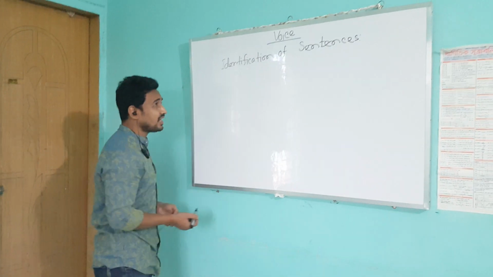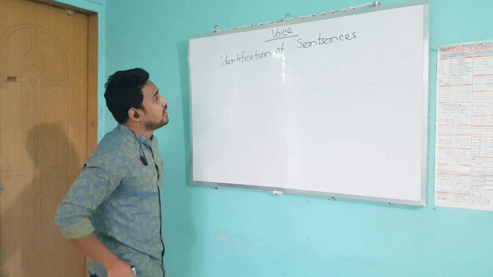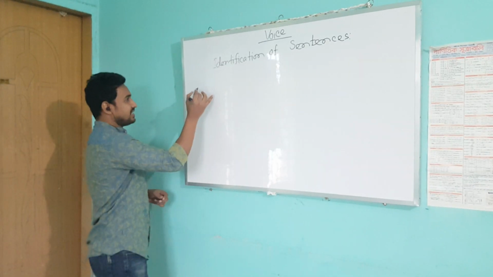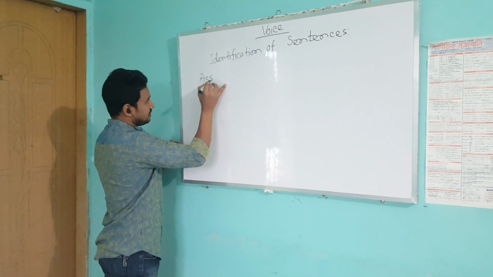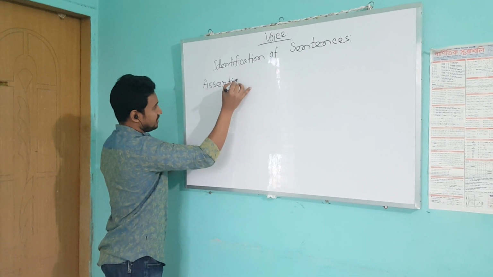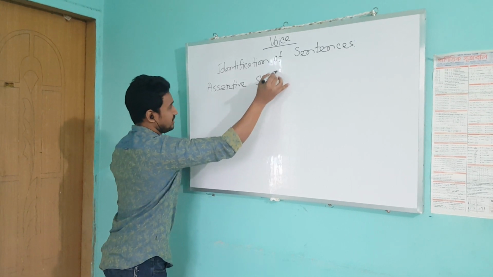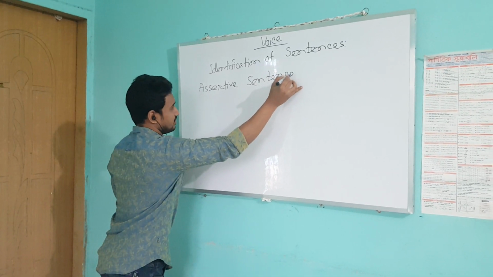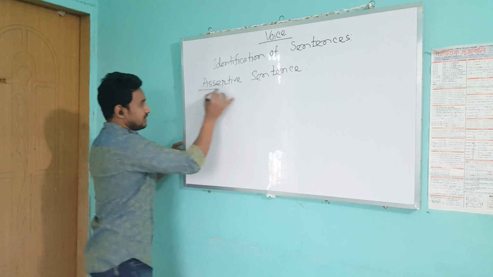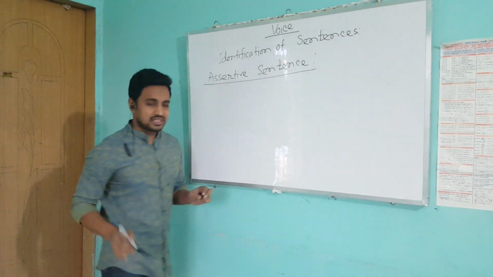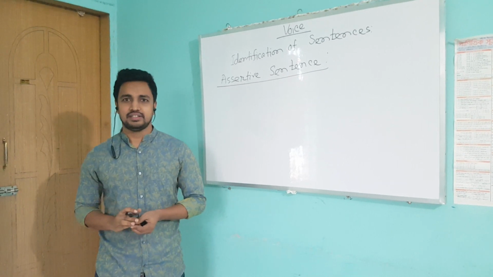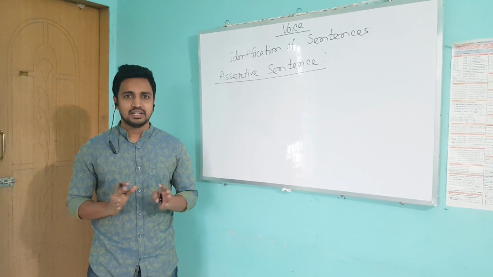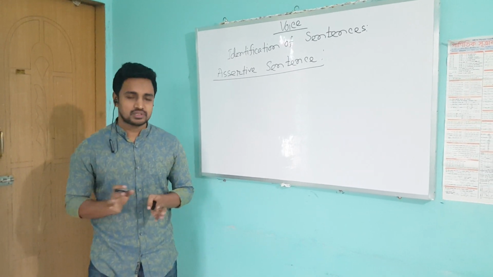Okay? Identification of sentences. So in an assertive sentence, we have subject at the beginning and full stop at the end.